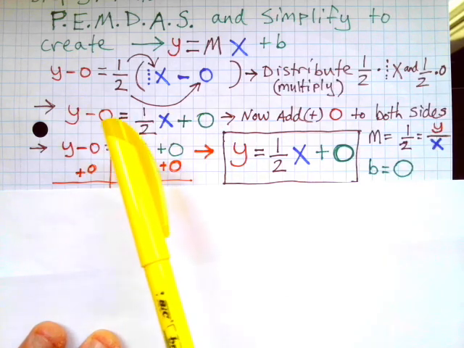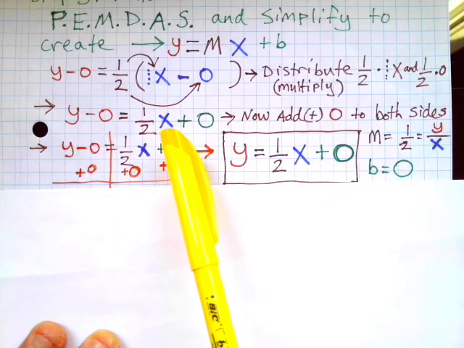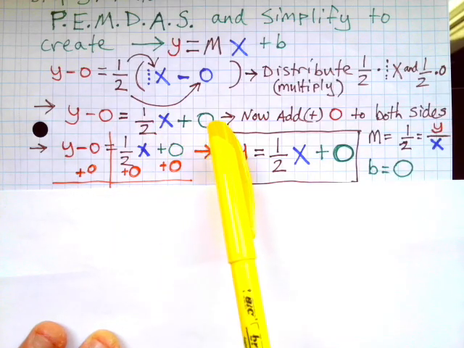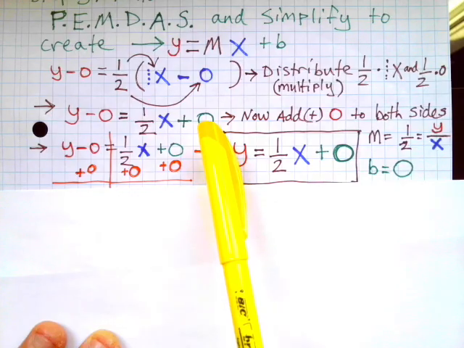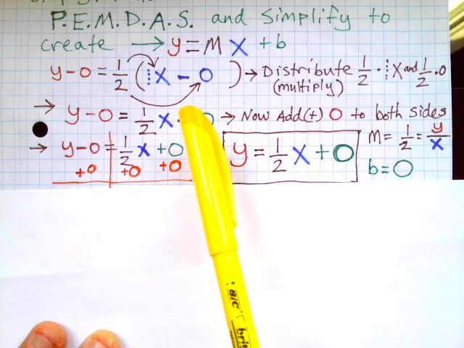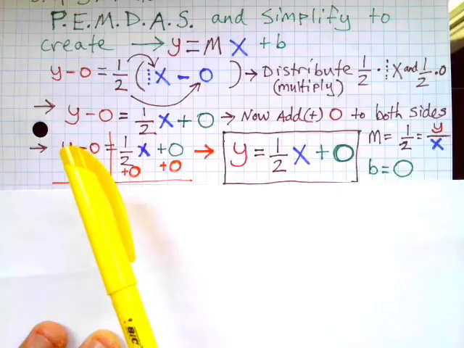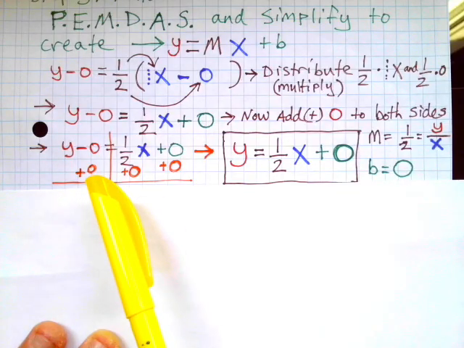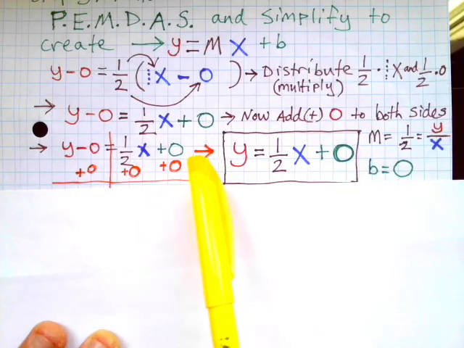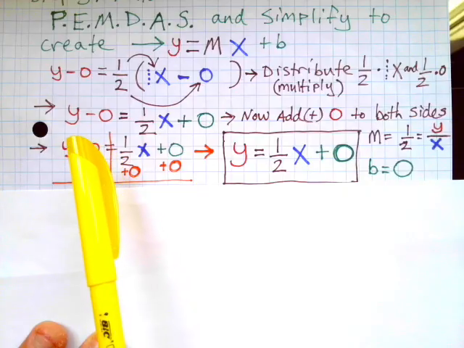Y minus 0 equals 1/2 times x plus 0. Okay, or just 1/2 x would also be the same thing. I want to get y all by itself. I want to add 0 to both sides. 0 plus 0 minus 0 is gone. It's just y by itself.